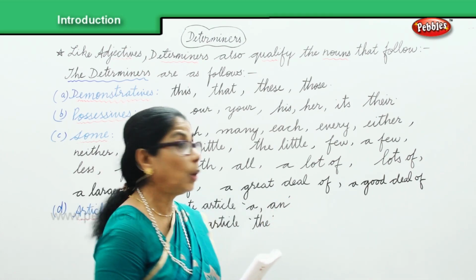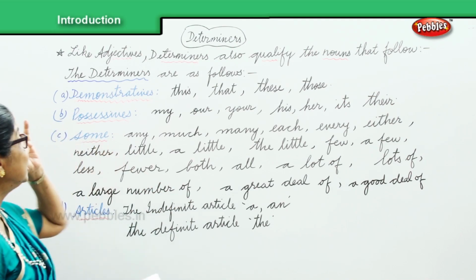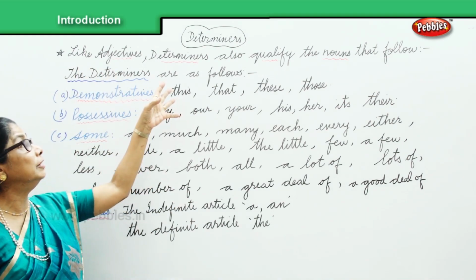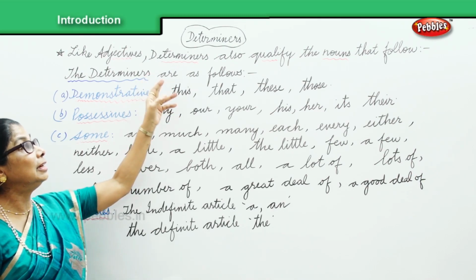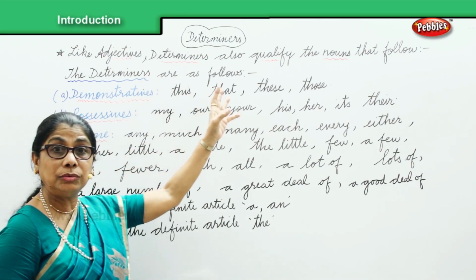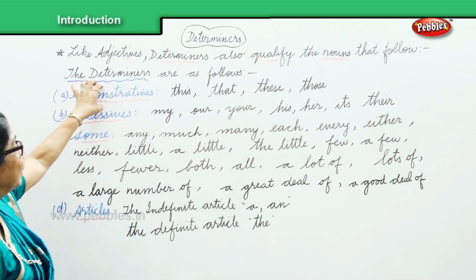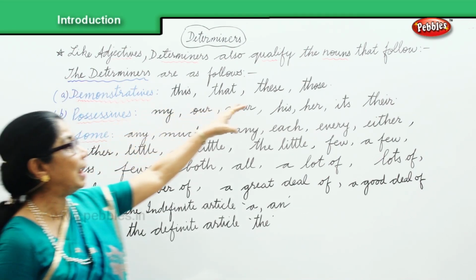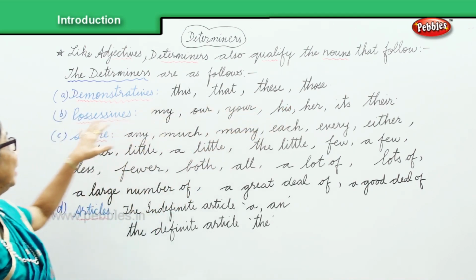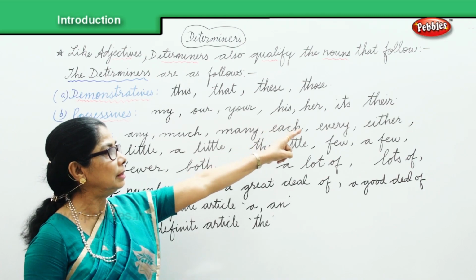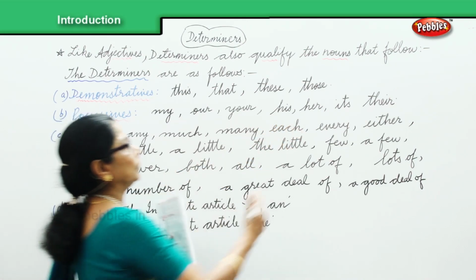Okay. Now, the determiners are like adjectives. The determiners also qualify the nouns that follow. Now, what are determiners? In the demonstratives, this, that, these, those. In possessives, my, our, your, his, her, its, their.